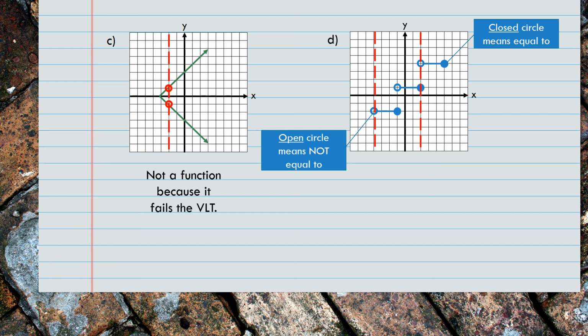An open circle means I do not include that particular value. A closed circle means I do include that value. Remember, for it to be a function, x cannot be repeated. If you have an open and a closed circle, that means it is not repeated. So in this case, this is a function because it does pass the vertical line test.